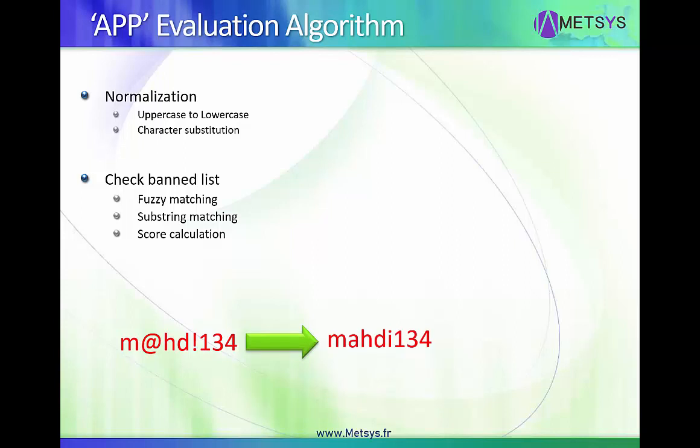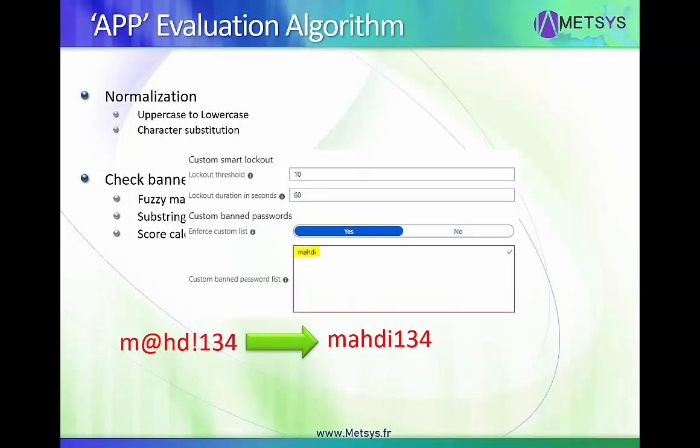So substring matching will check whether within the newly chosen password there is a word, or a substring of a word, that is inside the banned list of Azure. If you have a banned list like this, as we can see, the word Mati is in the custom banned password list, so a password like that will be rejected because there is a substring of the word inside the custom banned password.